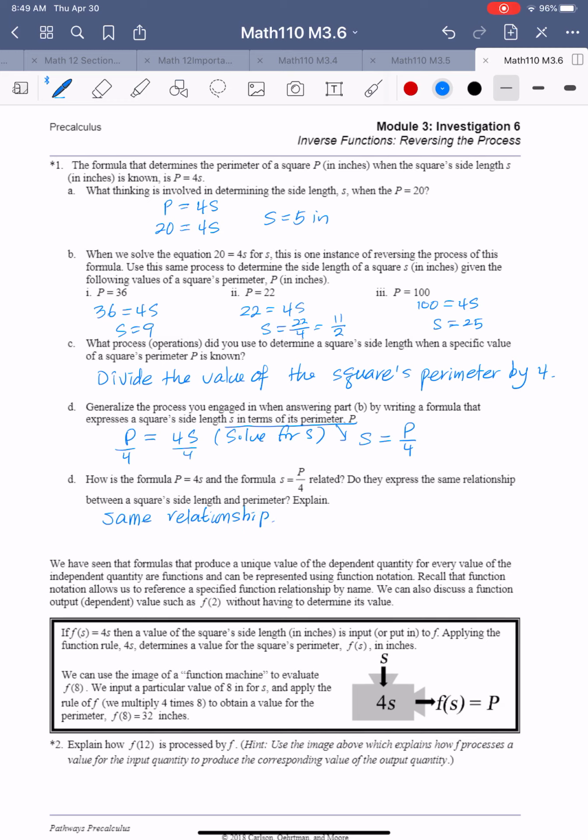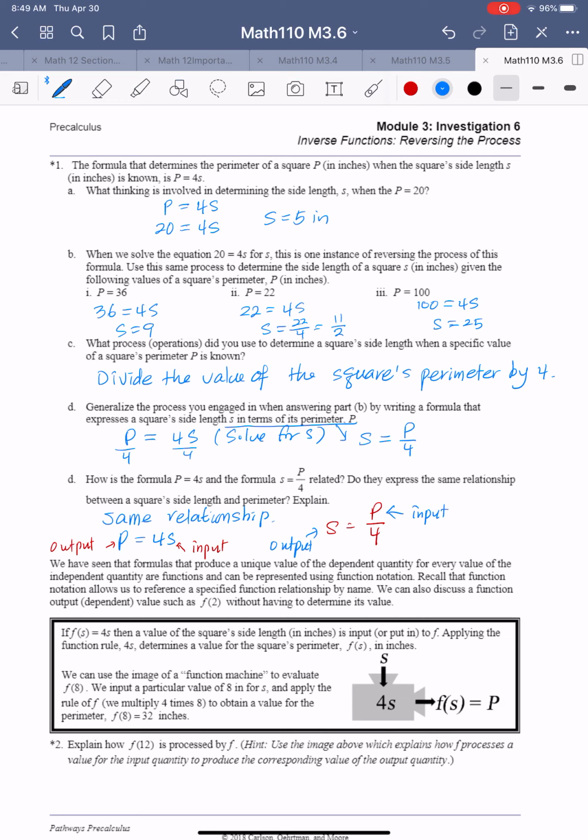The only difference is that for P equals 4S, S was the input and P was the output. But when you have S equals P over 4, now P is the input and S is the output. So what happened is input and output are interchanged.